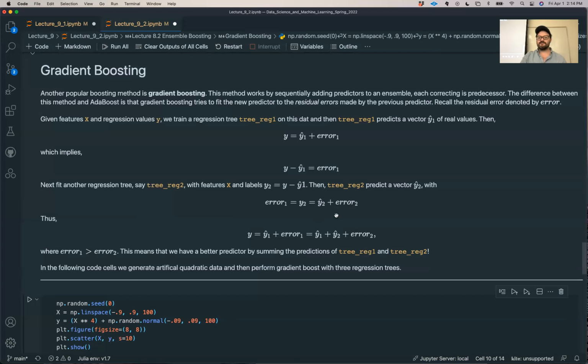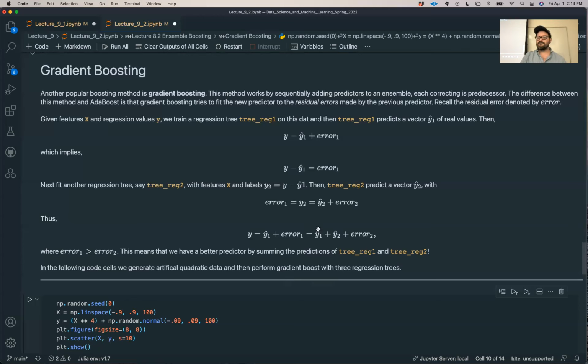which is equal to Y2 hat plus some other error term, right? So if we plug this back into the original equation, we get that Y is equal to Y1 hat plus error 1, which is equal to Y1 hat plus Y2 hat plus error 2. And what will happen is that error 2 is smaller than error 1. And we repeat this over and over again.